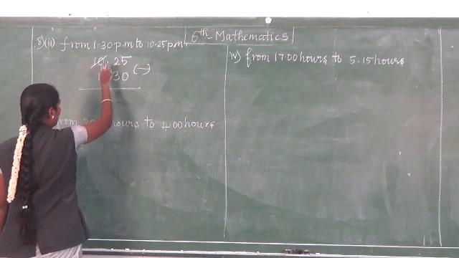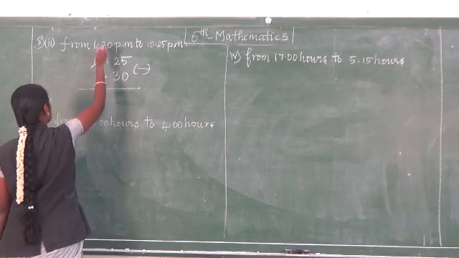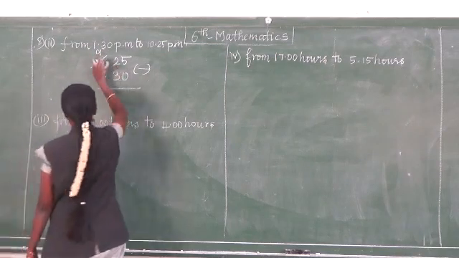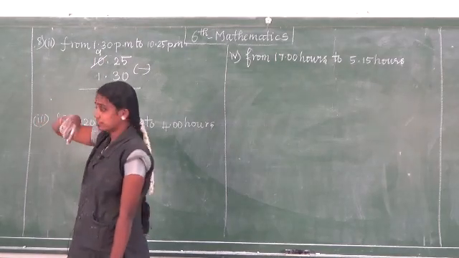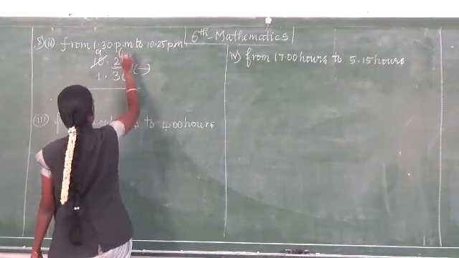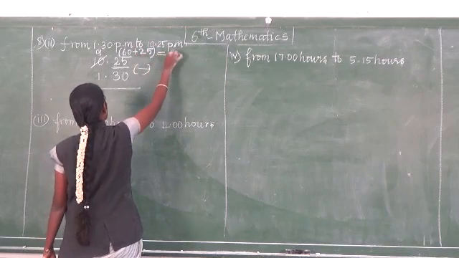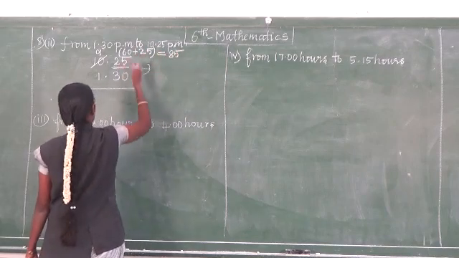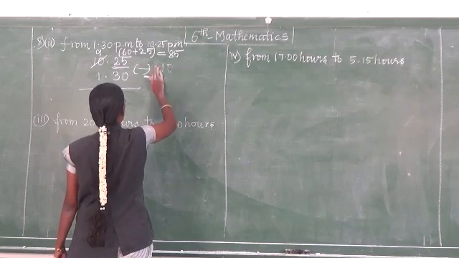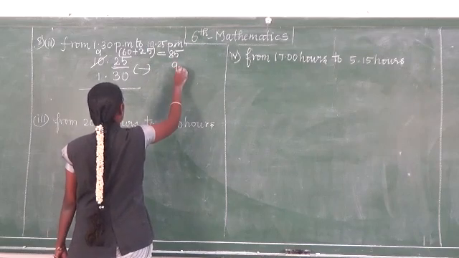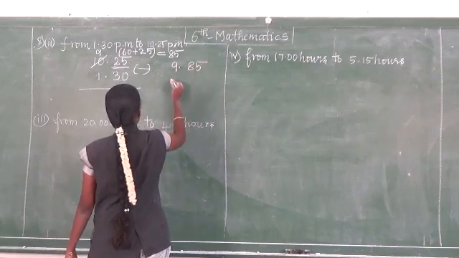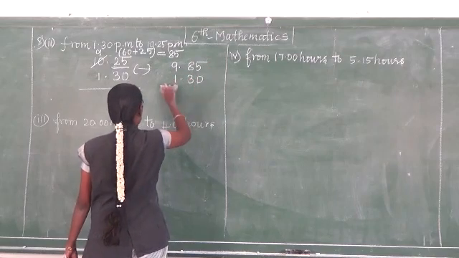So now I am borrowing, it becomes 9 hours. The 1 hour equals 60 minutes, so you must add 60 here. So 60 plus 25 is 85. So now it changed to 85. So write as 9 hours 85 minutes and 1 hour 30 minutes.